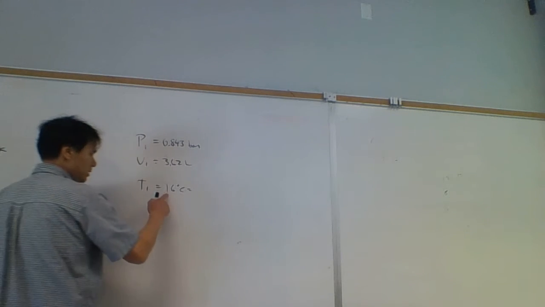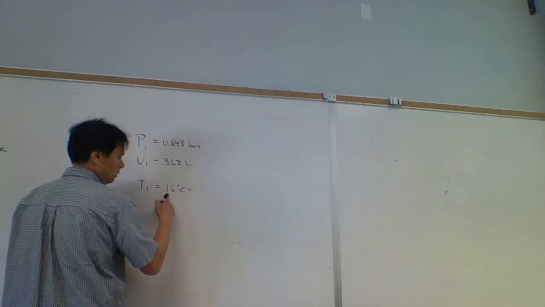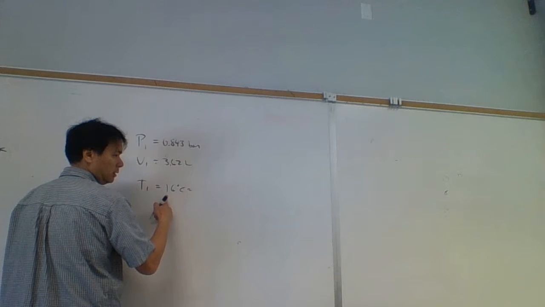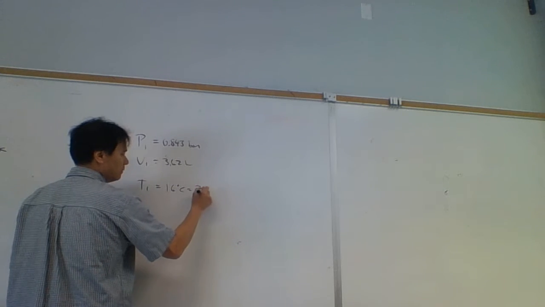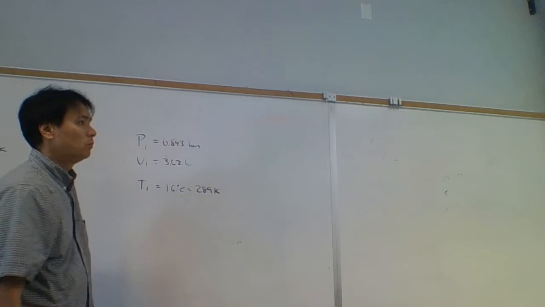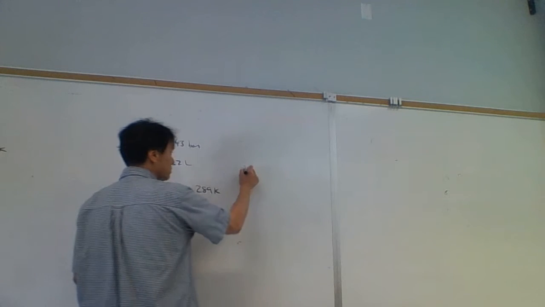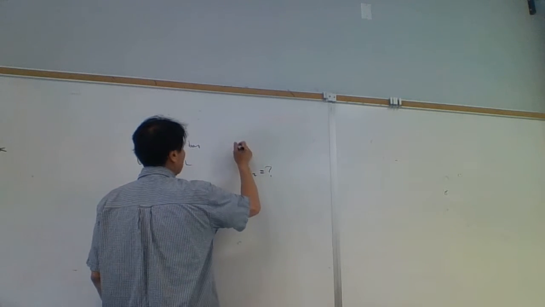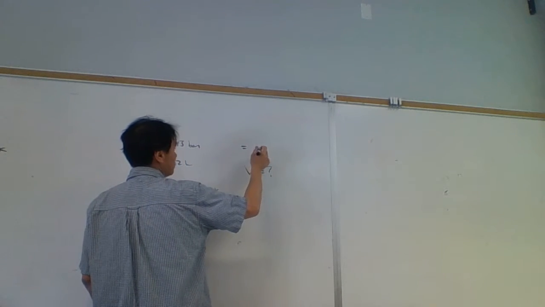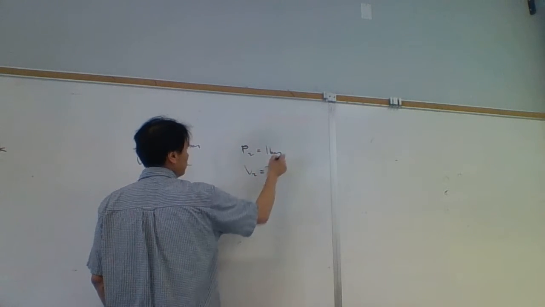So 16 degrees C would be 289 Kelvin. And then we want to know what is its STP volume. So V2 is unknown. Well, what is standard pressure? Yeah, it's going to be 1 bar.